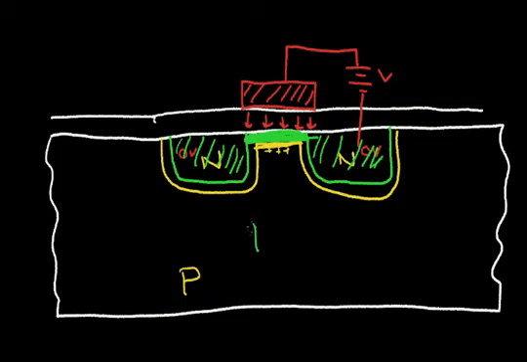So again, this is an NMOS transistor. And we'll talk more about this in future videos, but I just wanted to give you an overview of how important this depletion region is, and that it's important for a diode, it'll be important for a bipolar transistor, and it's important for MOSFETs such as NMOS transistors and PMOS transistors.